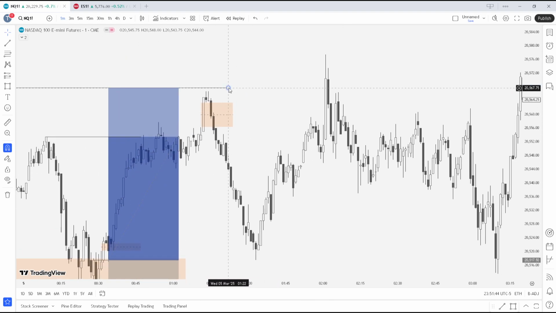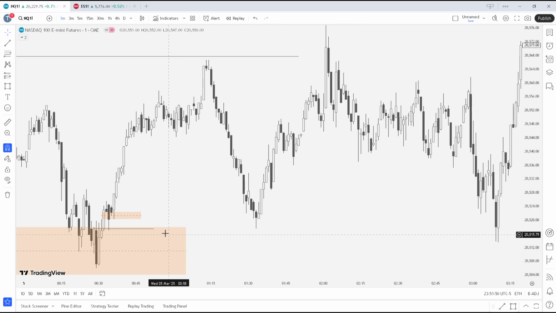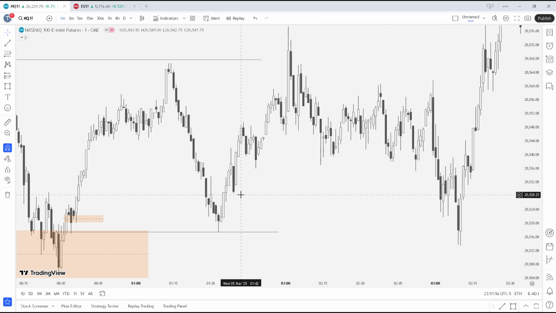But anyways, now that we engineered liquidity, so we have relative equal highs, what do we do? Come lower, tap into this breaker perfectly, and then we can find some sort of entry, possibly. There is a BPR right here.